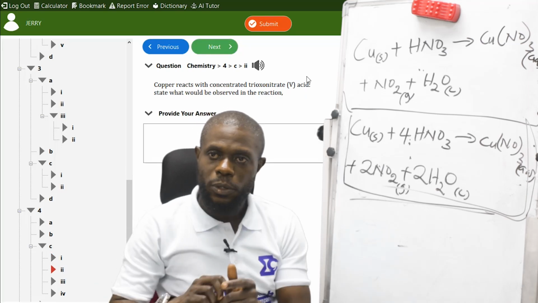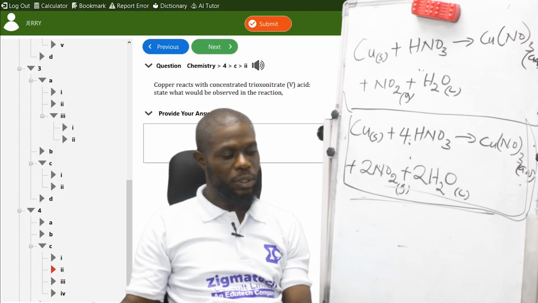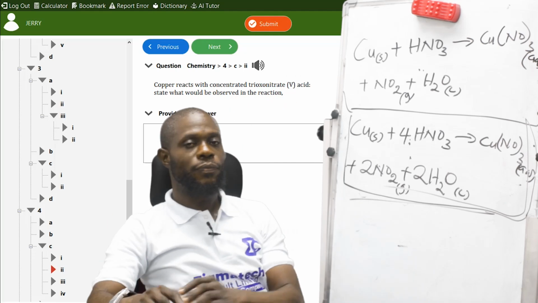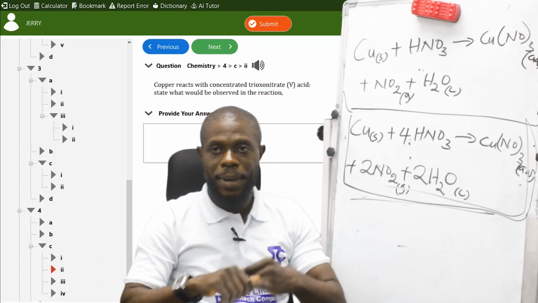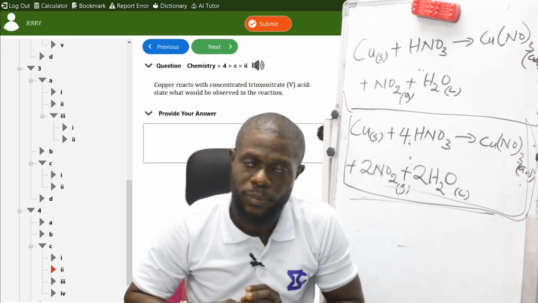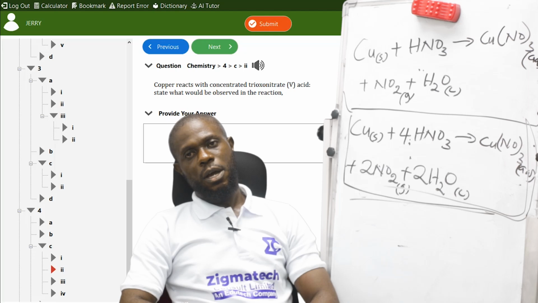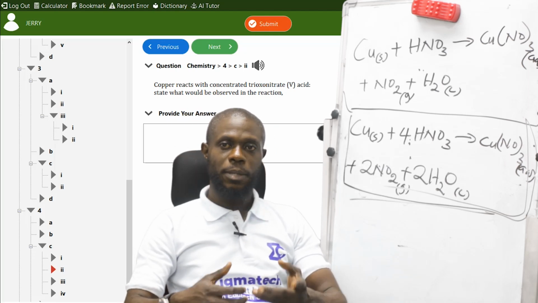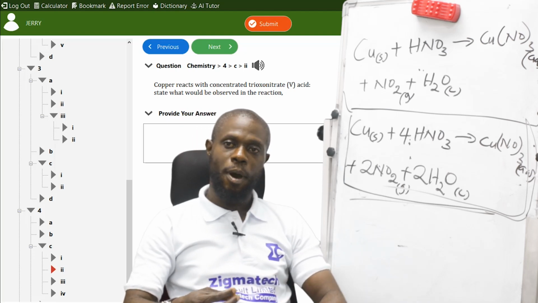The next one, copper reacts with concentrated acid. State what will be observed in the reaction. Now, first of all, we have the metal dissolving, because the metal will dissolve in the acid. So when the metal dissolves in the acid, you experience gas bubbles. Because as the metal is dissolving, since it's an acid, there's bound to be gas bubbles.